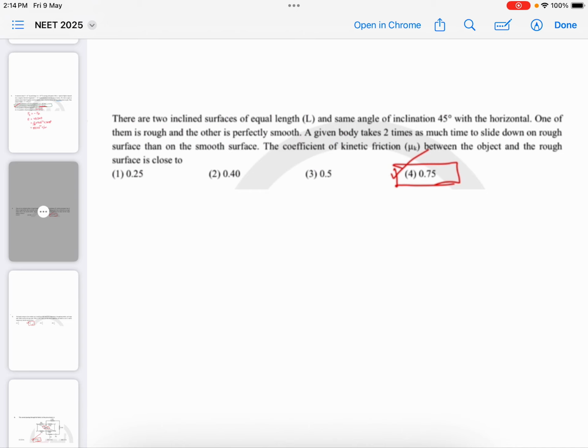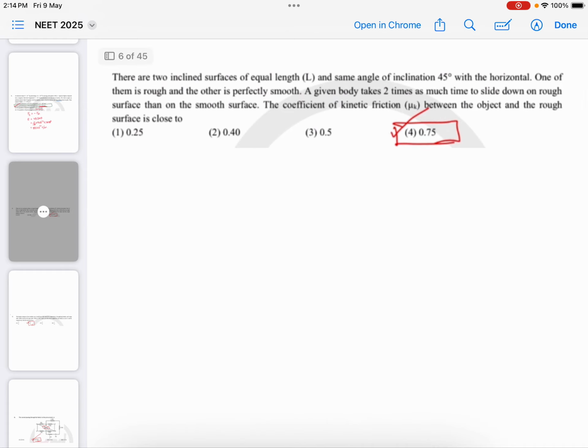The given body takes 2 times as much time to slide down on the rough surface than the smooth surface. The coefficient of friction between the object and the rough surface is, so which belongs to your NLM chapter, Newton's laws of motion.